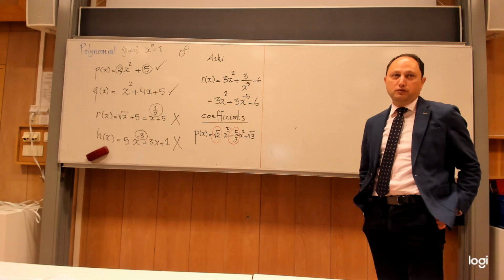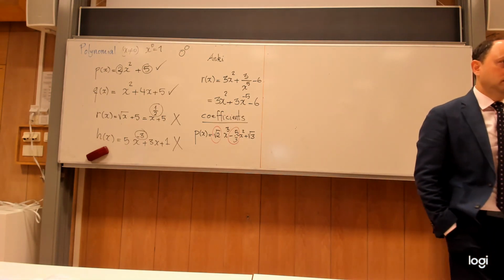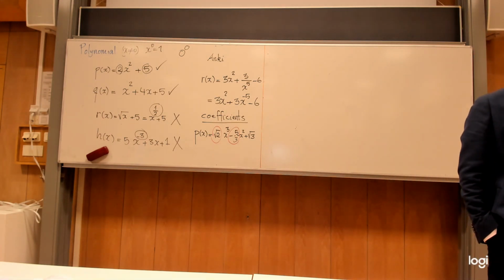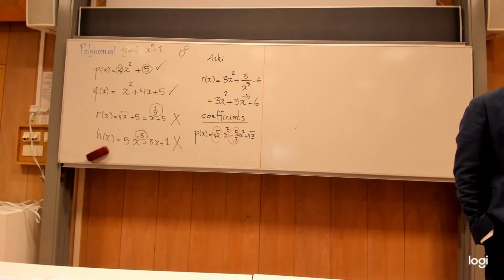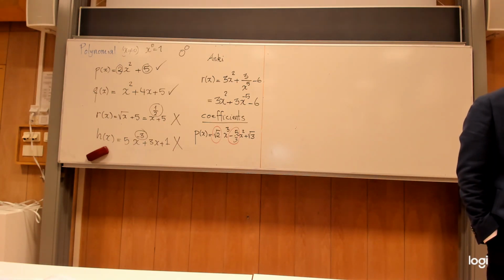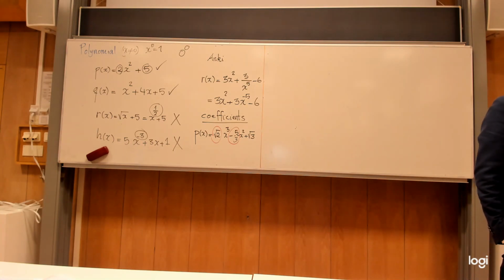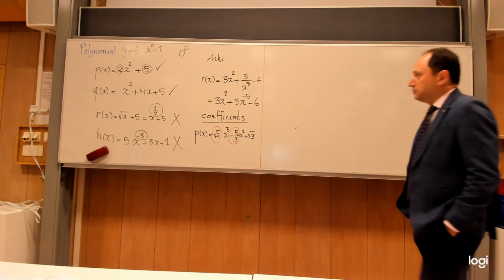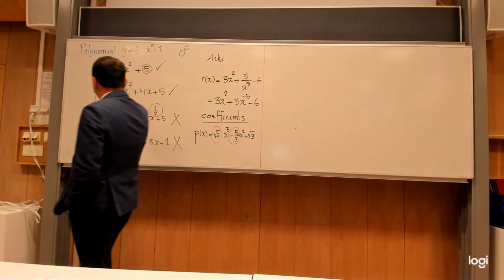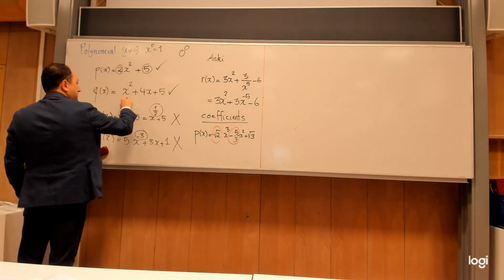Do you remember what was the degree of a polynomial? Maybe to what power the thing is raised? Okay, so for example, what is the degree of this polynomial? There is a check mark, so that's a polynomial.